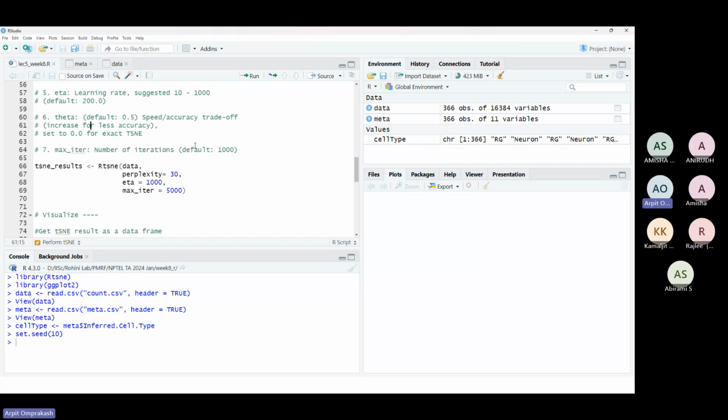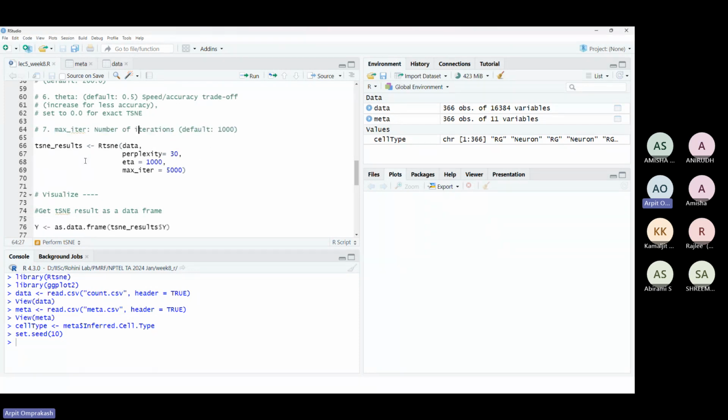If you set it to 0, then it will give you the exact values, but it might take a longer time. So if you increase the value, you get faster results that might not be highly accurate. Okay. Max iter gives you the number of iterations. Default is 1000.